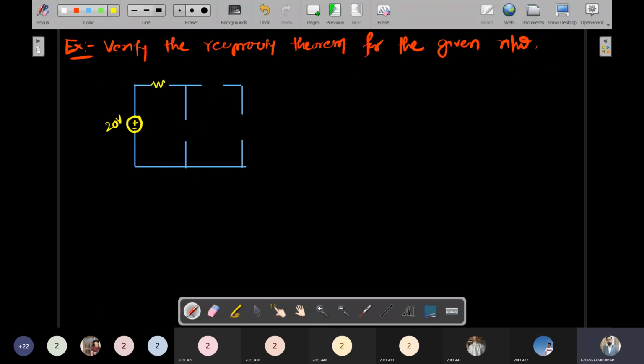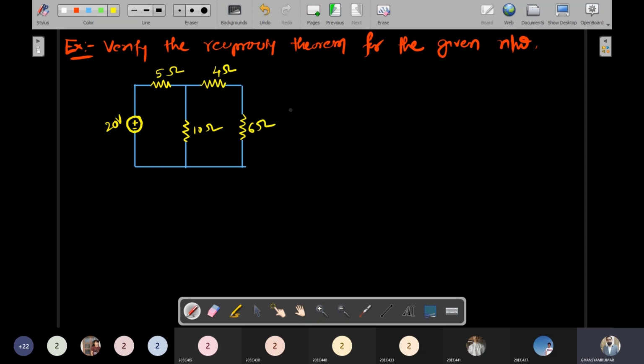This side one resistor, that value is 5 ohm. This side one more resistor, that value is 4 ohm. Here is also one more resistor, and this side is also one more resistor. This value is 10 ohm and this is a 6 ohm resistor.